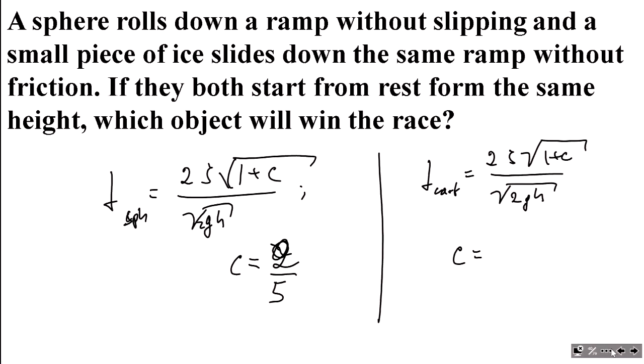If it doesn't roll at all, no rotation, that means what? 0, nothing. You have solved this problem before. So that's why the time to reach the bottom of the ramp for the cart is less than the time to reach the bottom of the ramp for the sphere. That's why the cart wins the race now.